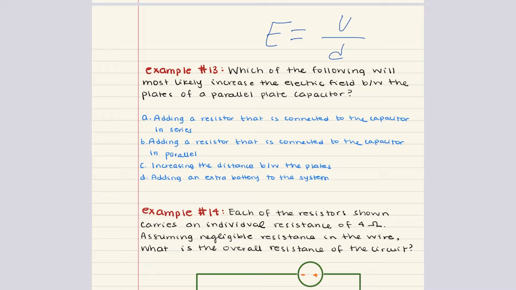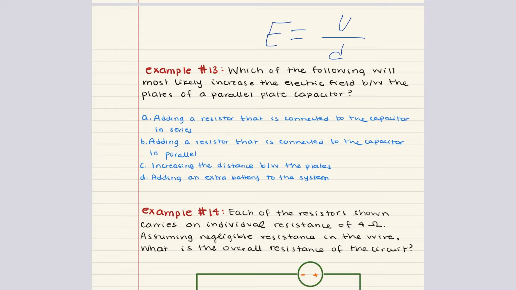From this equation, it's clear that the electric field strength increases with higher voltage and decreases with greater plate separation. So keep that in mind as we work through each of our answer choices. A says adding a resistor that is connected to the capacitor in series.